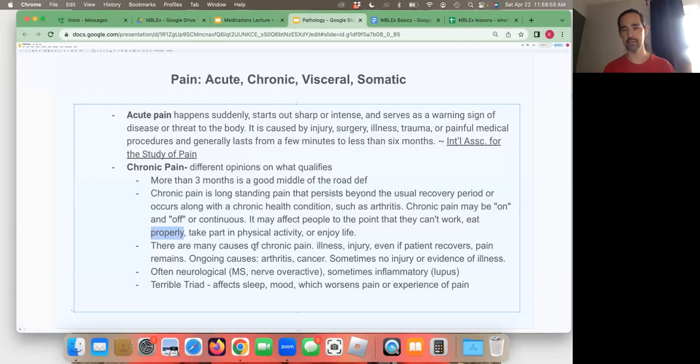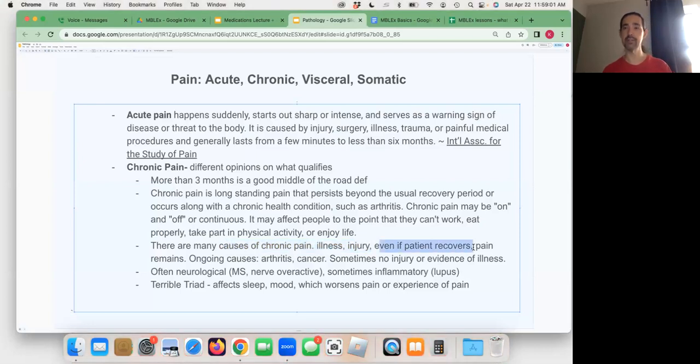Okay, there are many causes of chronic pain, including injury, illness, and even if a patient recovers, they can still have pain. We're seeing that right now with long COVID. People recover from COVID, but they still have numbness, tingling, pain sensations, sometimes headaches. Other causes include arthritis.